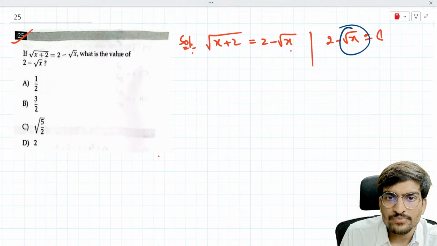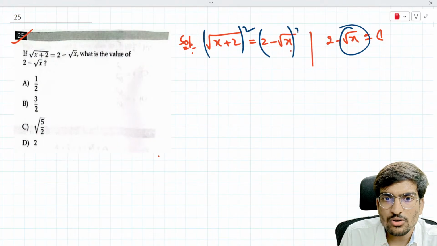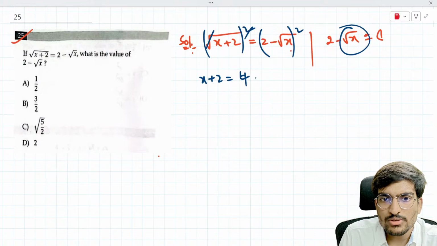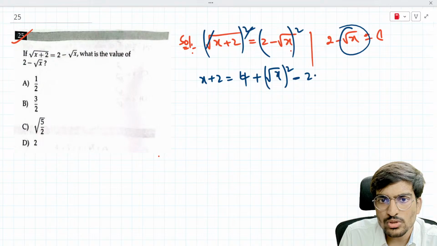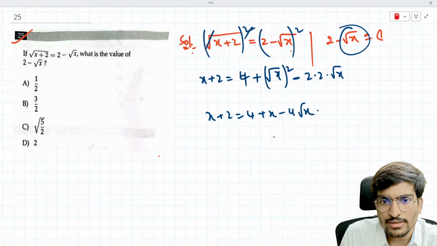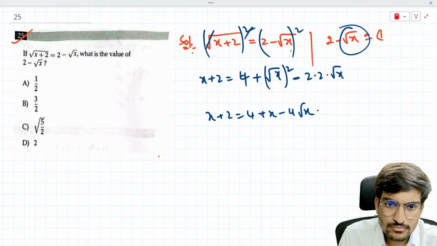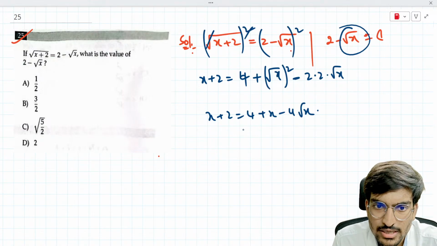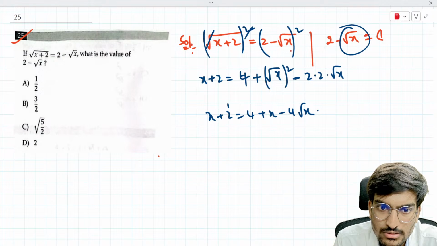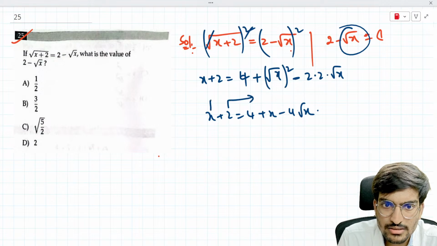Let's see. We just try squaring on both sides. So what do we get? Squaring root of x plus 2 gives x plus 2. On the other side, 2 squared, which is 4, plus root x whole square, minus 2 into 2 into root x. That's going to be x plus 2 equals 4 plus x minus 4 root x. So let's keep things in one place. Let's send this to the other side and this also to the other side.